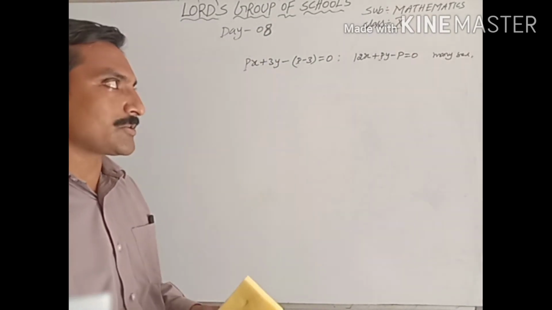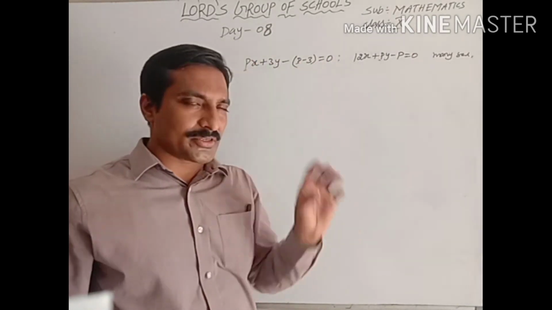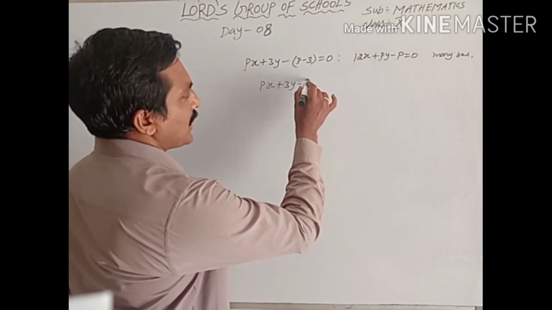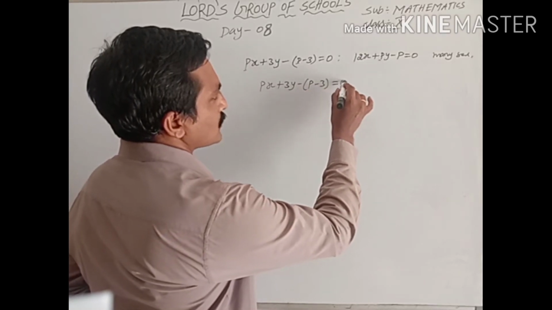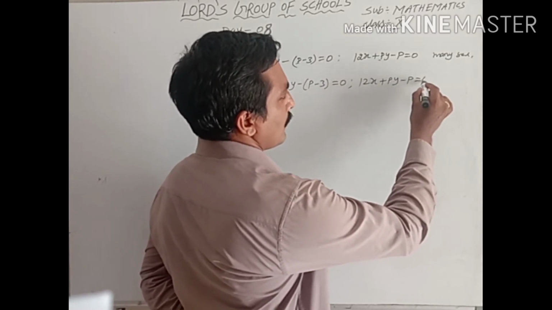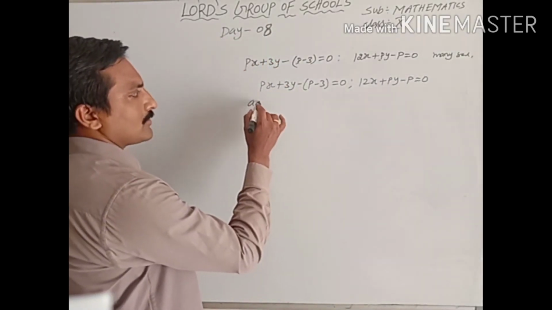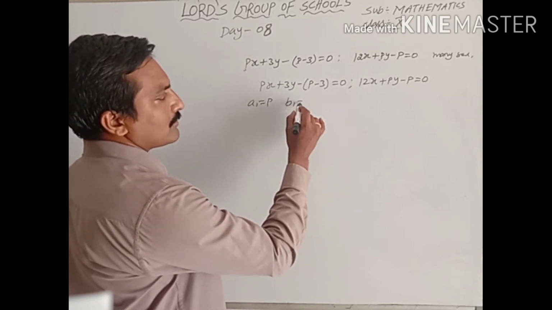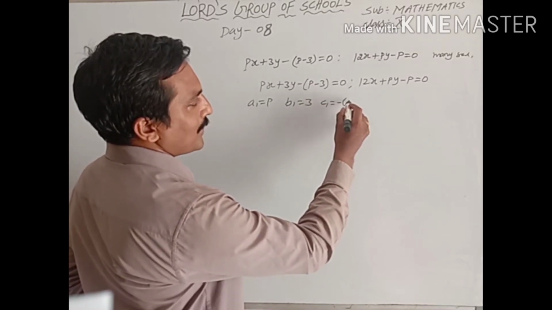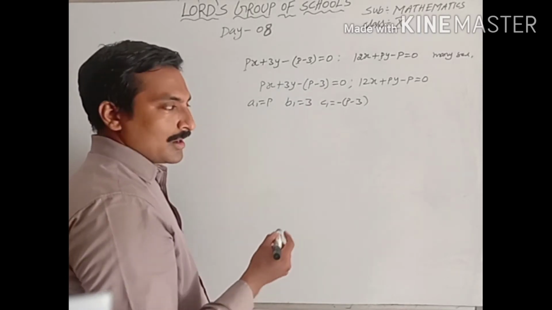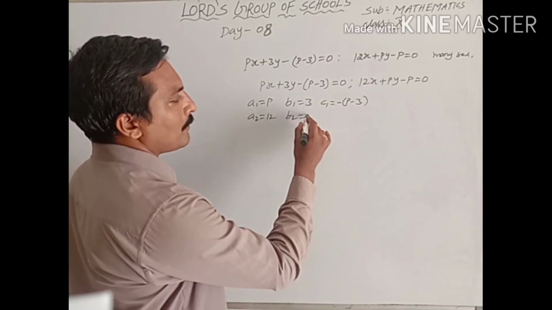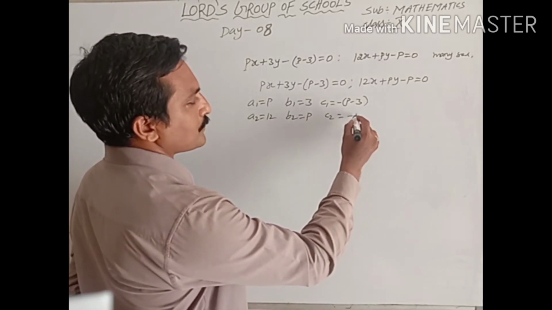So any one condition must be used. In the given two equations, px plus 3y minus of (p minus 3) is equal to 0 and 12x plus py minus p is equal to 0: the x coefficient a1 is p, b1 is 3, the constant without variables c1 is minus of (p minus 3). Next, a2 is 12, b2 is p, c2 is minus p.